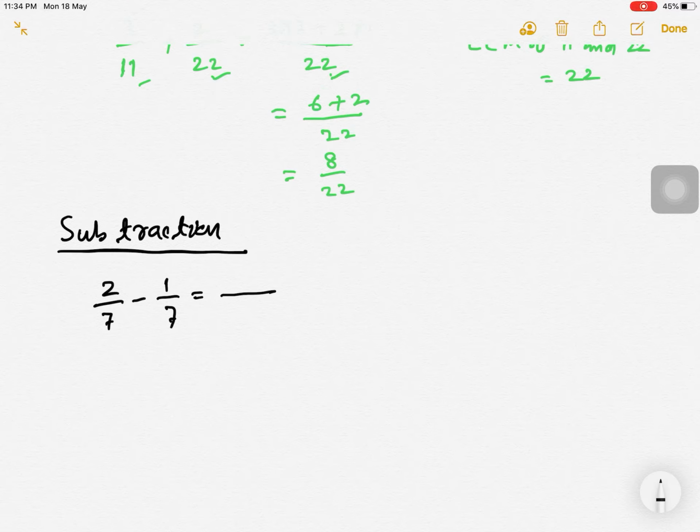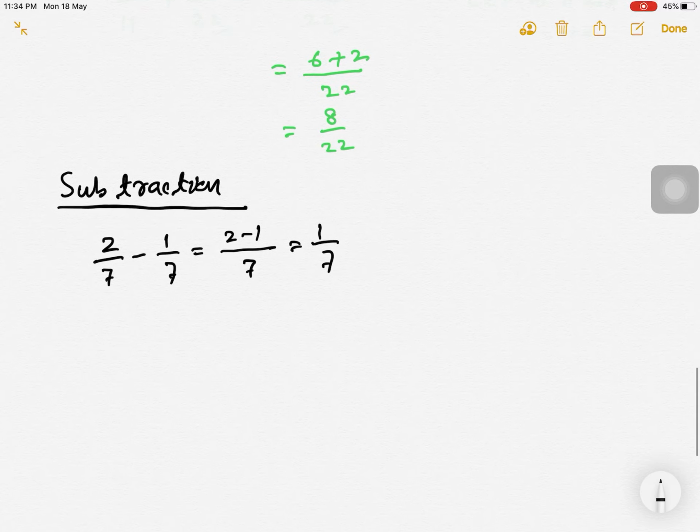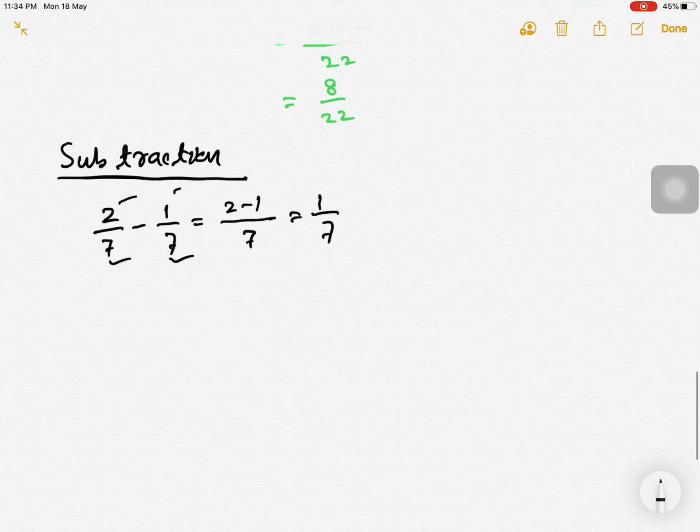Again, when the denominators are same, we just subtract them. So 7, 2 minus 1, it is 1 by 7. So when the denominators are same, we just subtract the numerators, and we get 2 minus 1, that is 1 by 7.